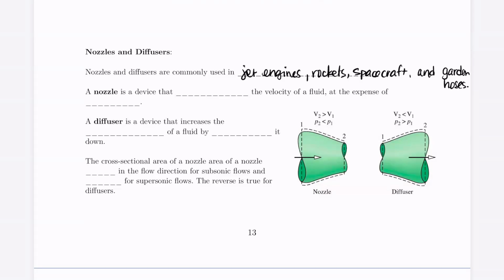The nozzle is a device that increases the velocity of the flow at the expense of pressure. So as velocity goes up, pressure goes down. And then a diffuser is a device that increases the pressure of a fluid at the expense of velocity, so by slowing the fluid down.